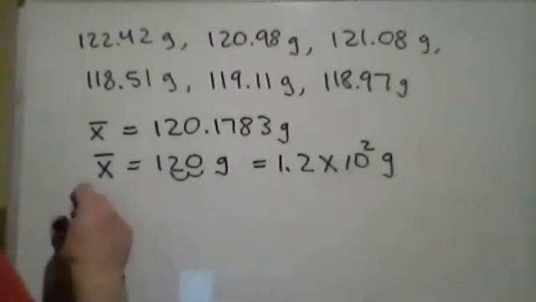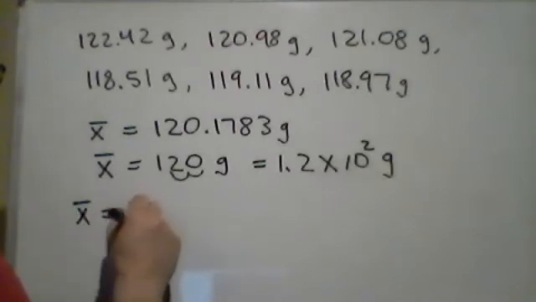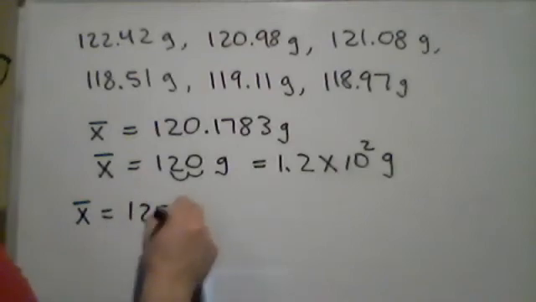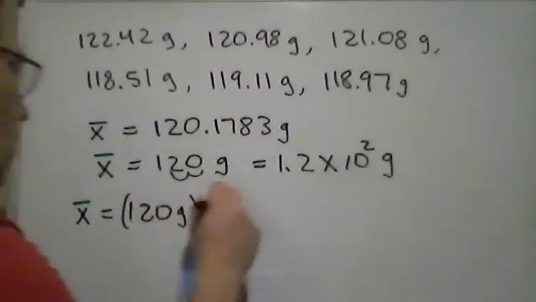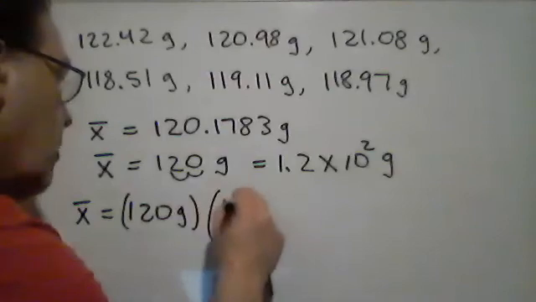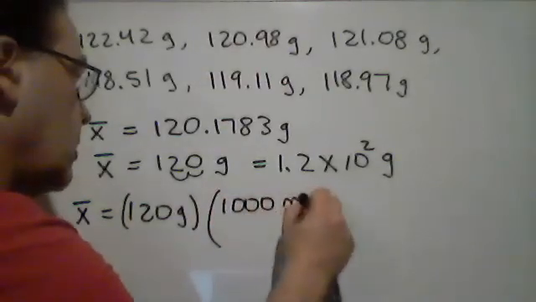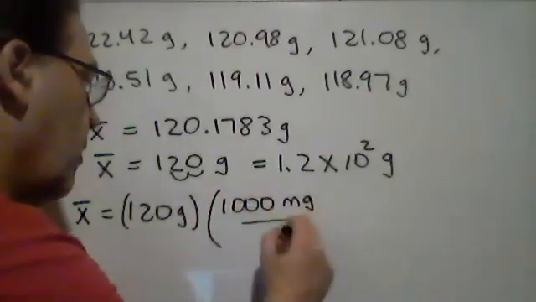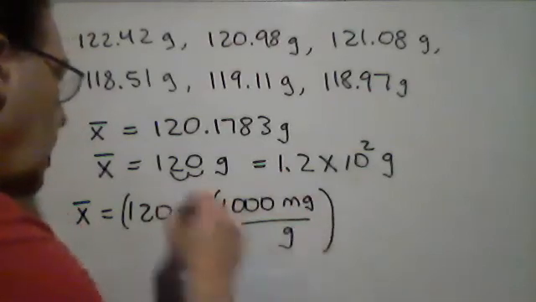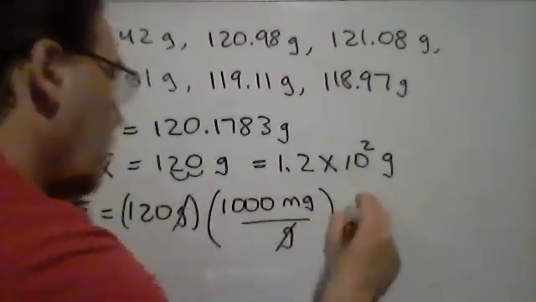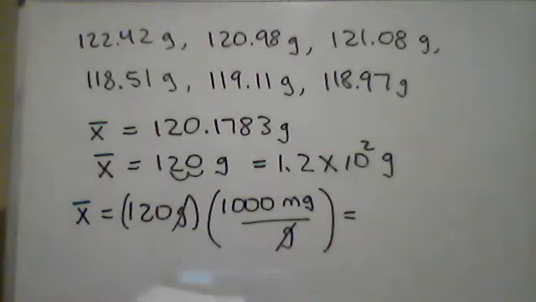If you want to go to milligrams, what do you do? Well, if I have X bar as 120 grams, we know there are 1,000 milligrams in a gram. Just like in algebra, the grams would cancel. And what would you have? You'd have 120,000 milligrams.